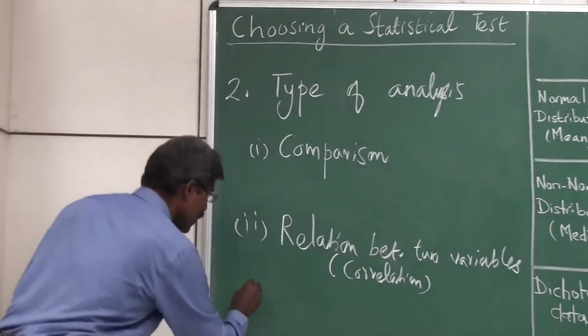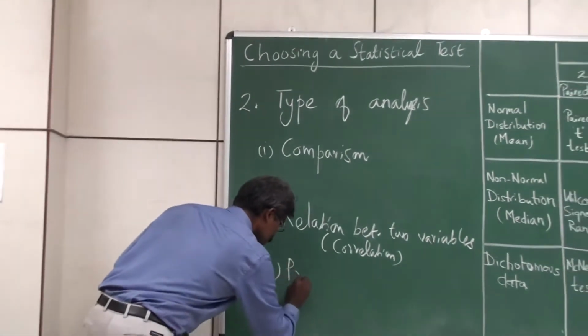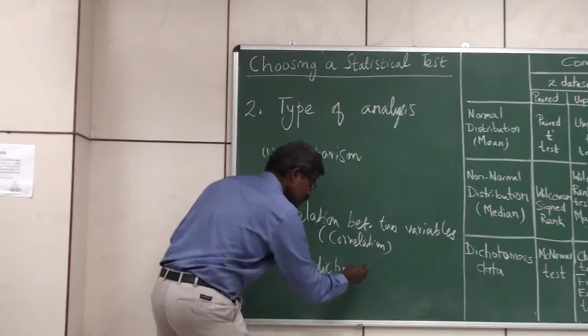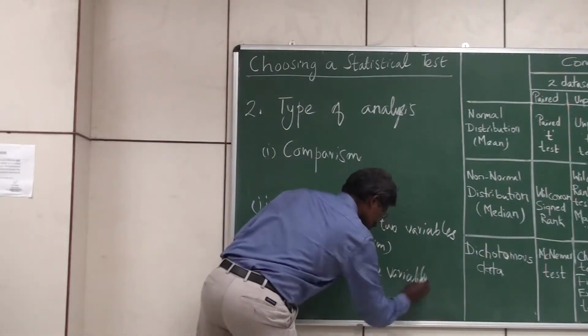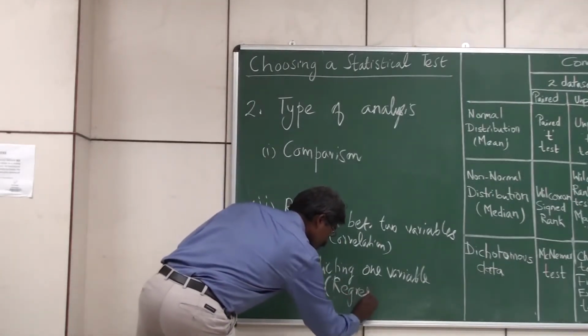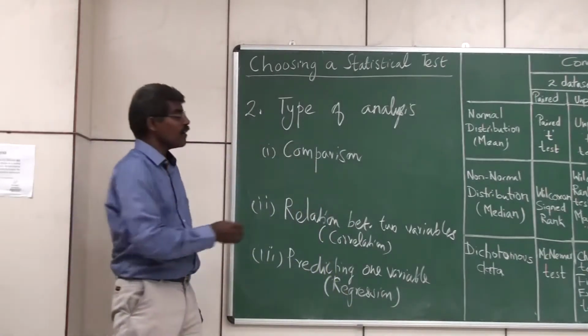The third type of analysis can be predicting one variable from other, which is called regression. Now let's take one by one.